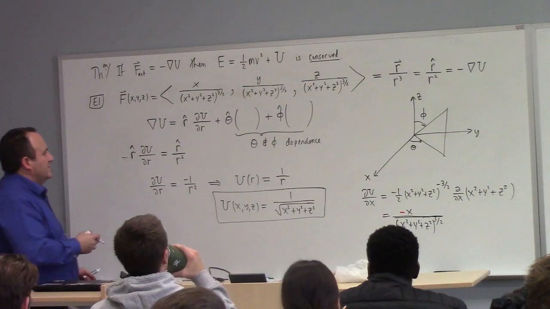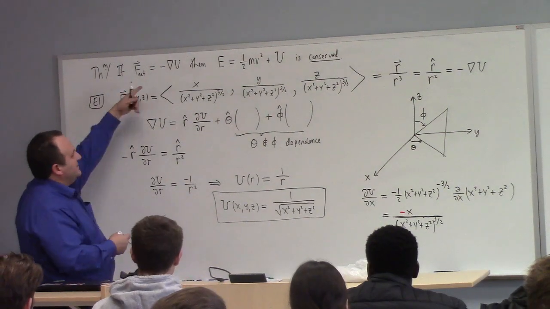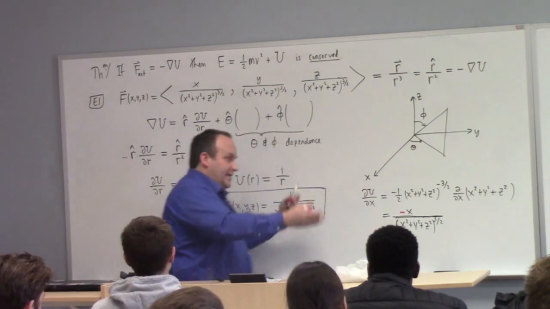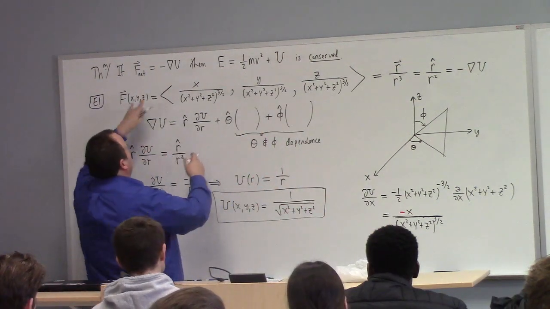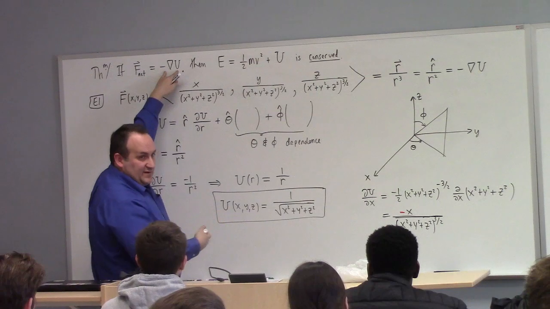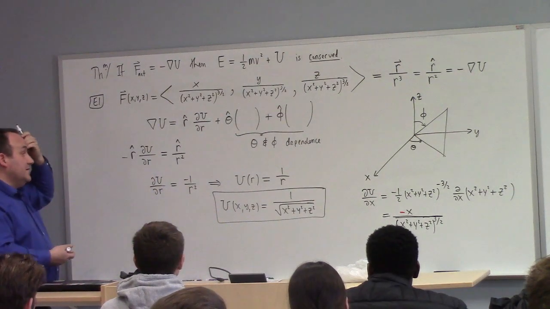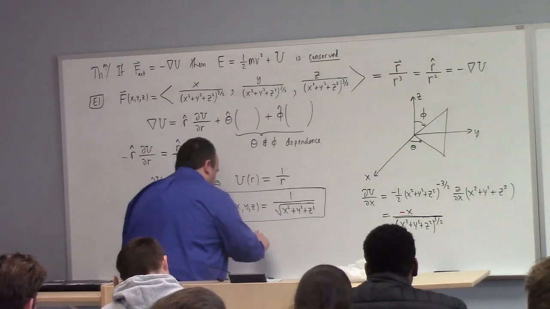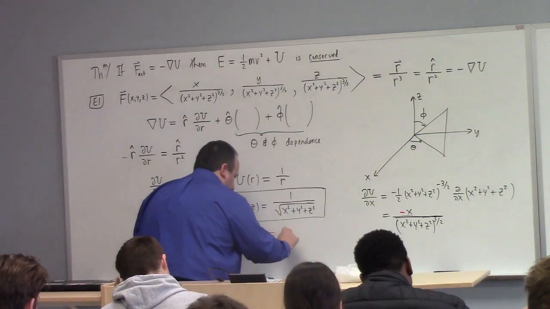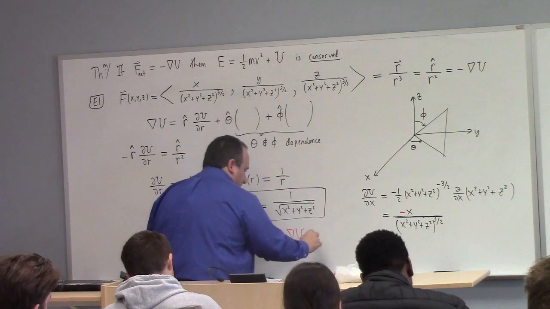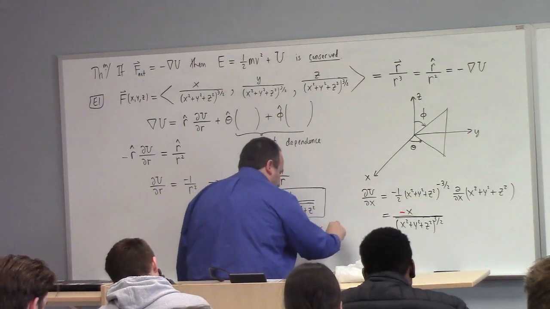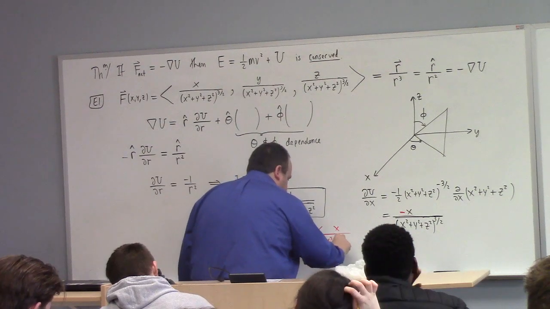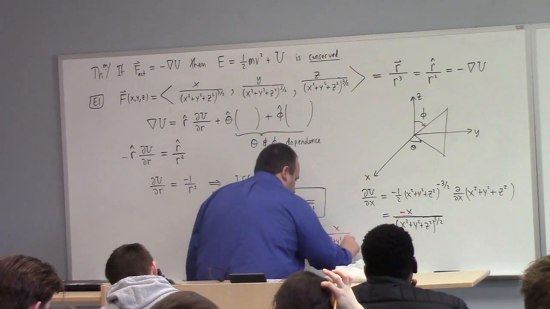Oh, I'm a dummy. Look, the force is minus the gradient, right? I've got a minus from the partial derivative. Then we put the minus in the definition of potential energy as it relates to the force. So when I calculate F equals minus the gradient of U, I get minus that minus, I get the x over x squared plus y squared plus z squared.